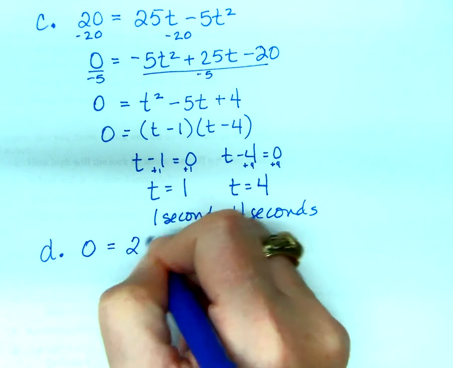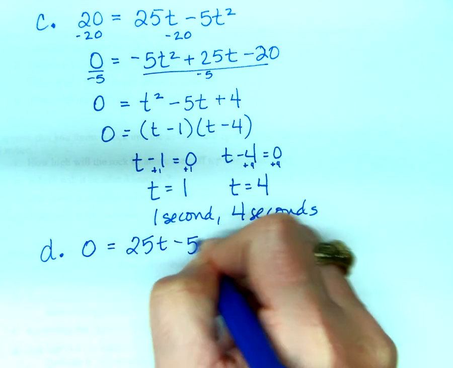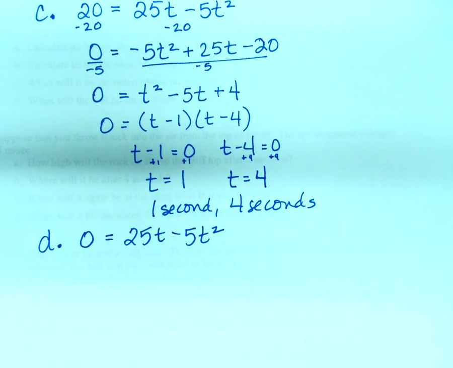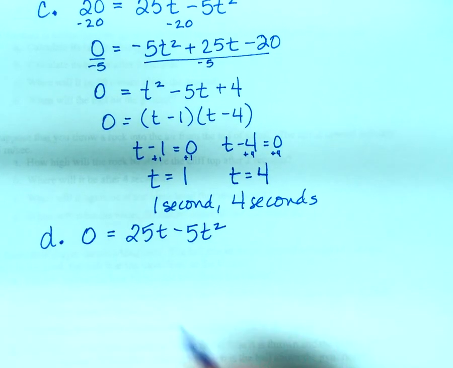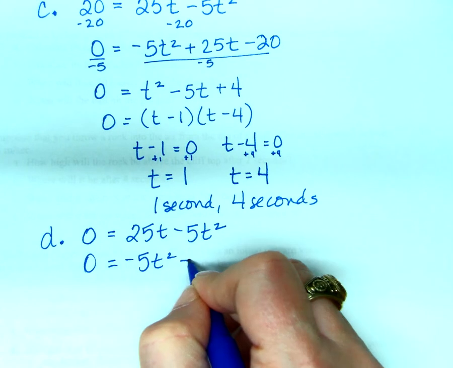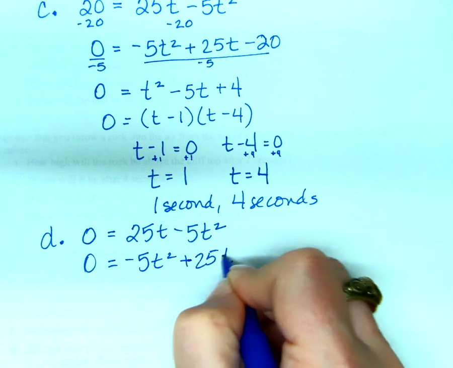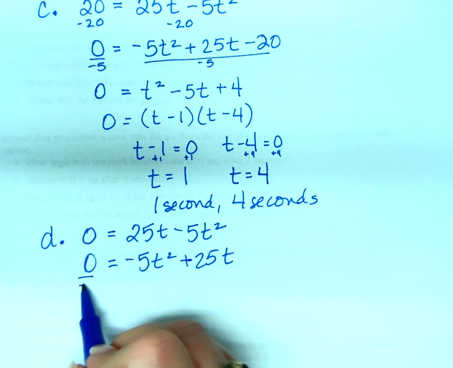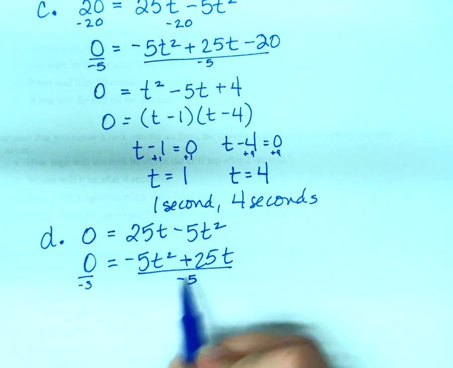0 equals 25t minus 5t squared. Now this one's much easier to solve, isn't it? Because I can go ahead and put it in order right now. But I also notice they're both divisible by -5, so let's divide everything by -5.